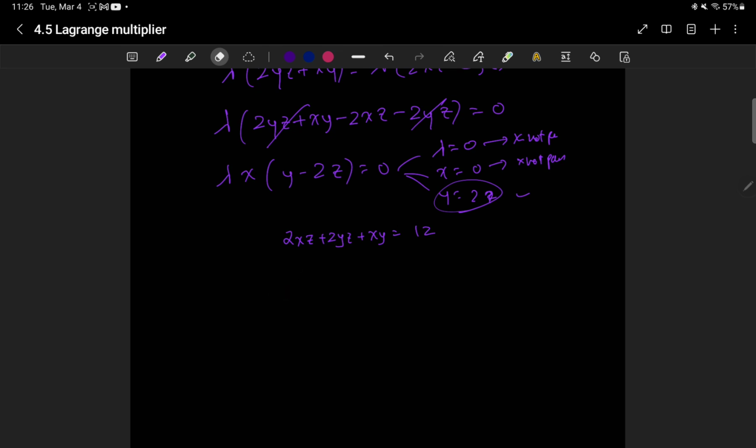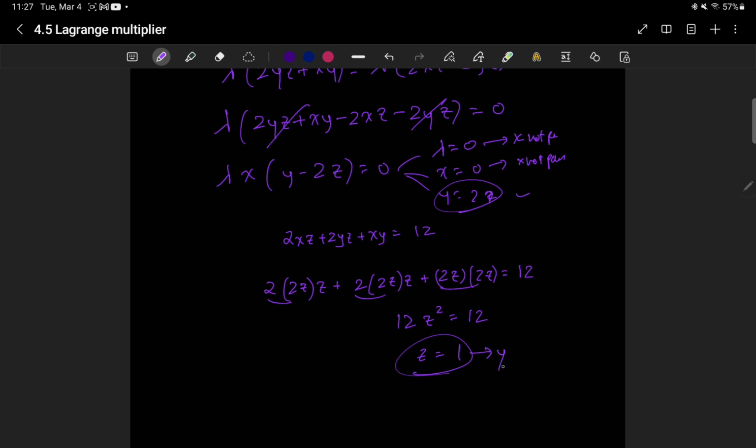So let's convert everything into z. So this would be 2zz, and again 2zz, and 2z times 2z. So you get a 4, a 4, a 4. So 12z squared is 12, which gives you z is 1. Again, cannot be negative, which gives you y is 2, and then which gives you x is 2.